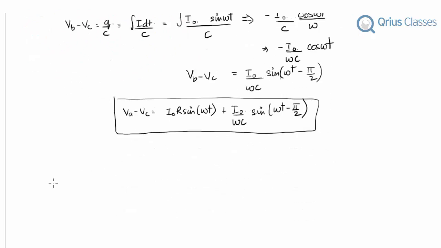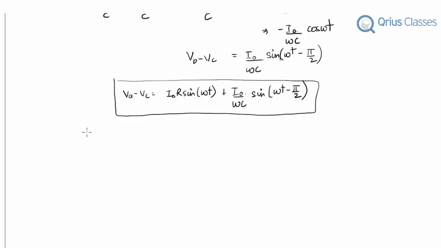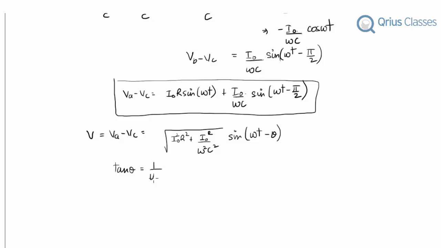We know that this combination can be written as V, which is VA minus VC, equal to the square root of I naught square R square plus I naught square by omega square C square, into sine of omega t minus theta, where tan theta is 1 by omega RC. So this is our voltage source.